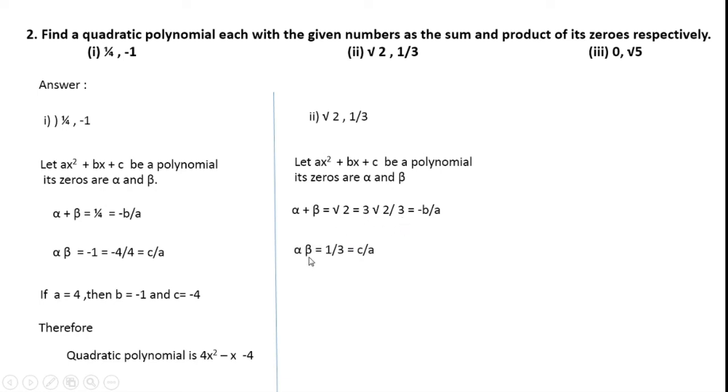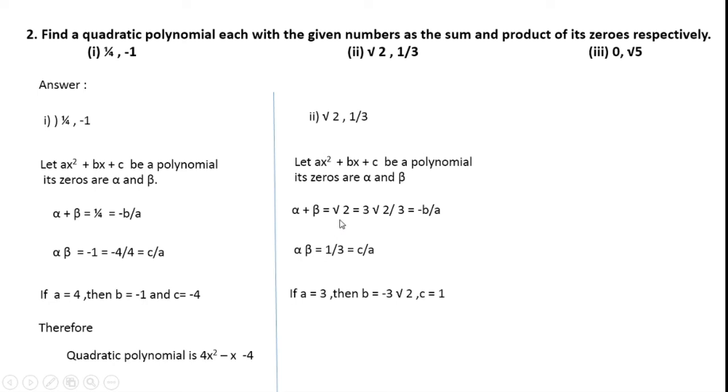The next, alpha beta, the product, equals 1 by 3. See here, it is c by a, where a is 3. From this, if a equals 3, then b equals minus 3 root 2 and c equals 1.